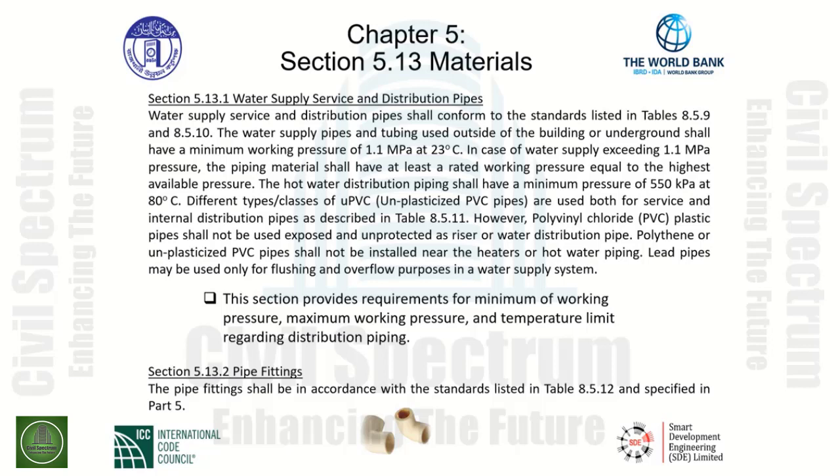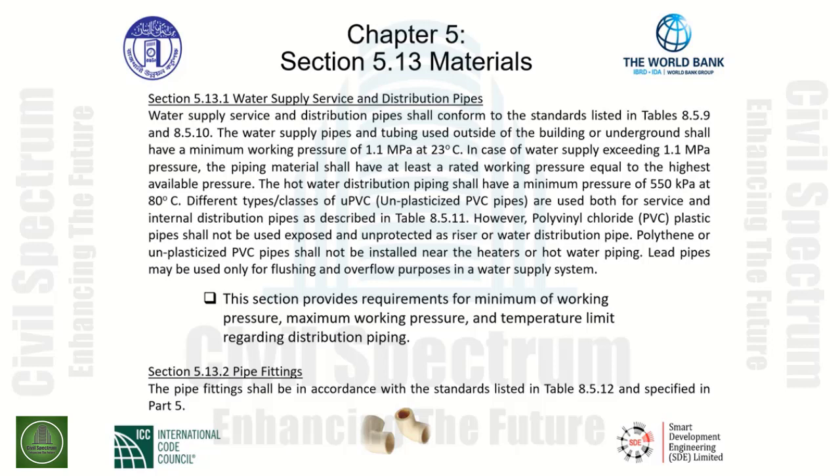In case of water supply exceeding 1.1 MPa pressure, the piping material shall have at least a rated working pressure equal to the highest available pressure. Additionally, the hot water distribution piping shall have a minimum pressure of 550 kPa at 80 degrees Celsius.